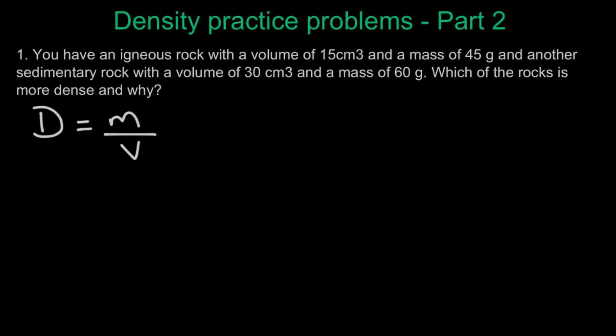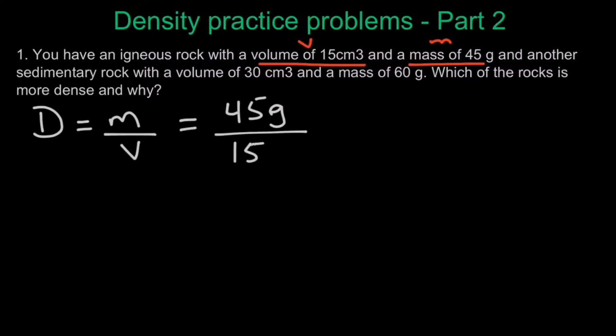igneous rock with a volume of 15 centimeters cubed. So this is the volume and the mass is 45. That's the mass. So if we apply it into the equation, mass is 45 grams divided by the volume, which is 15 centimeters cubed.